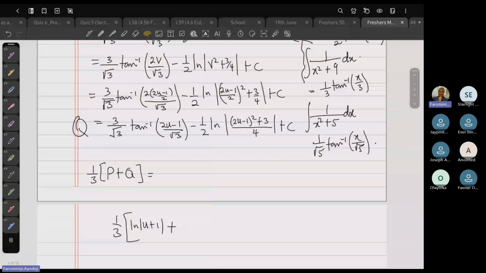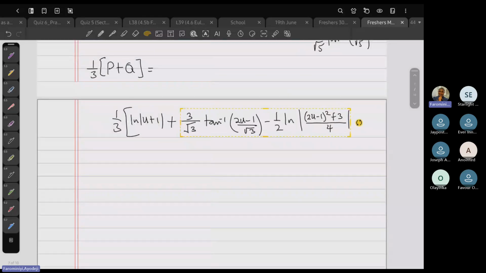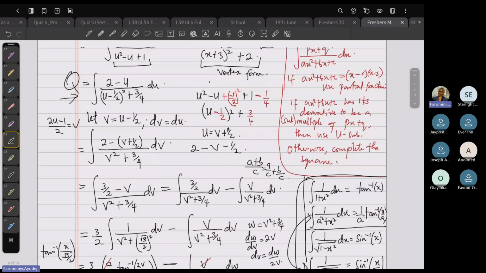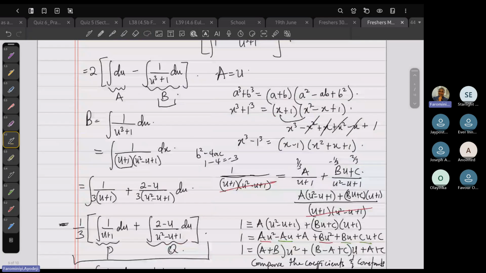So instead of rewriting it, I have the advantage of using the digital material. I can copy, I can paste, and I'll close the bracket. So what is equal to this? Let's trace it back. This is just the B part.